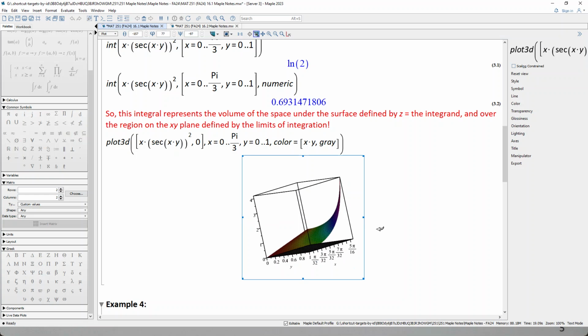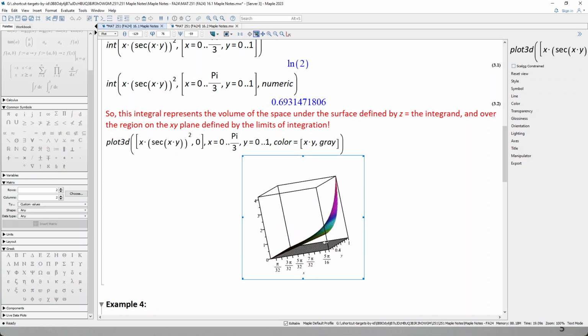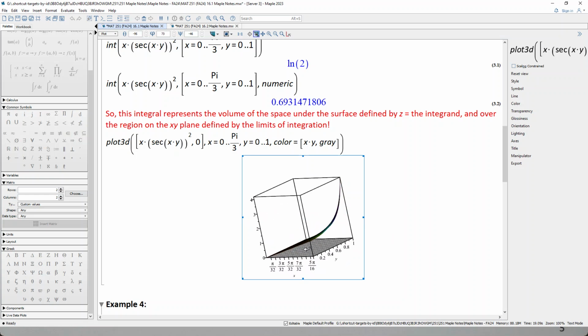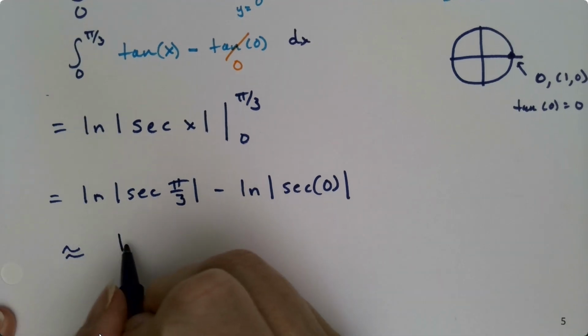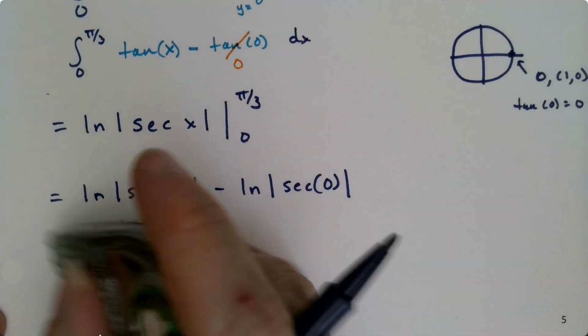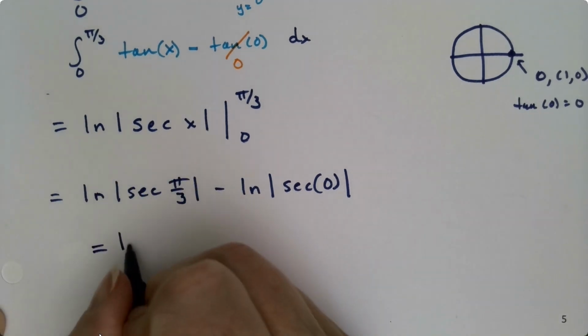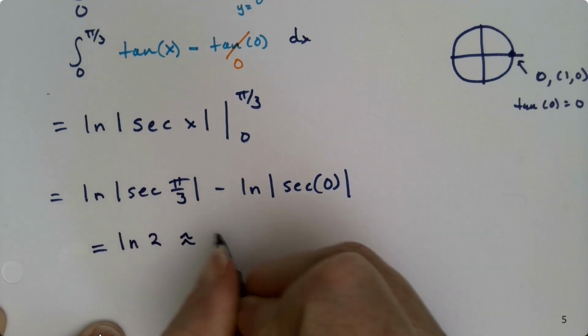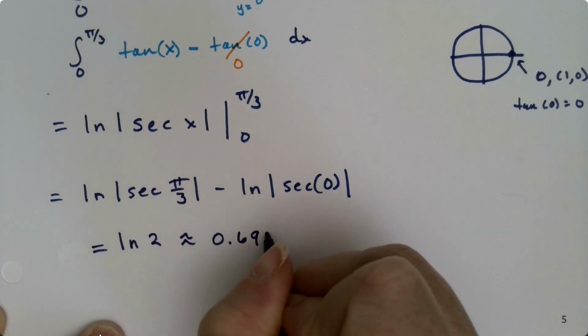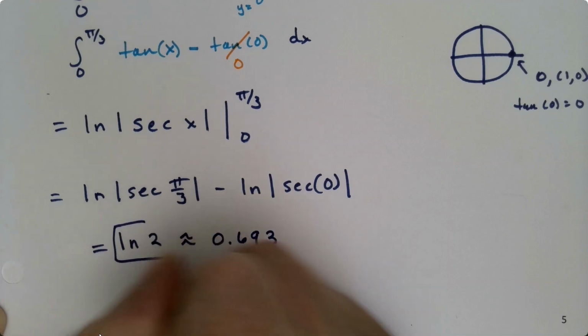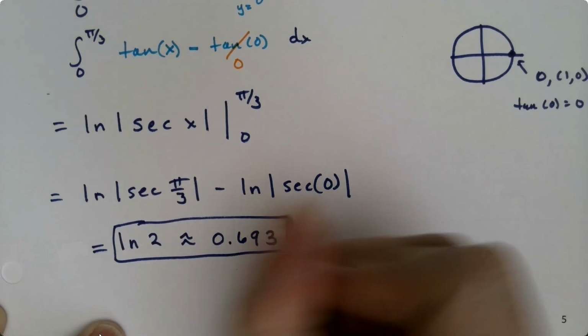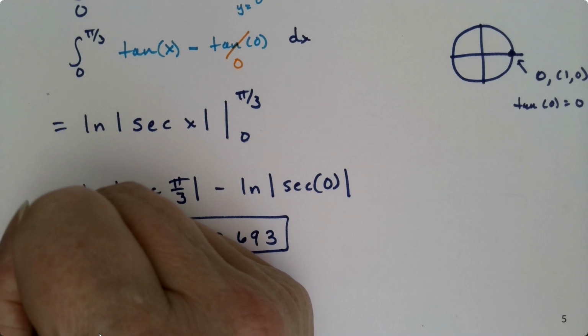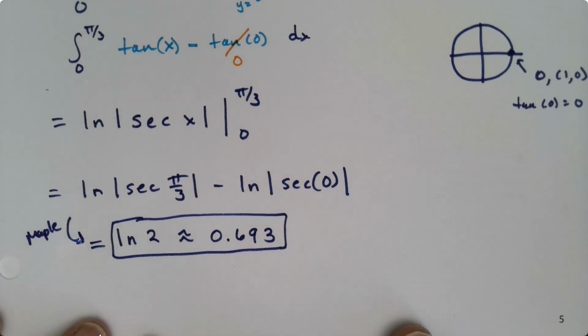So that space in between the xy plane and that rainbow surface, that's what we just found the volume of. So this is equal to the natural log of 2, which is approximately 0.693. And of course, we would state that we found this with computer, right? Maple is how we found that.